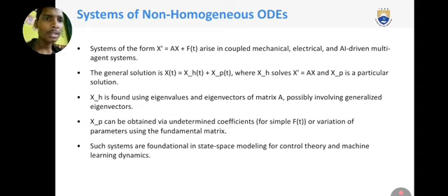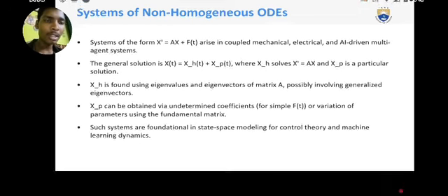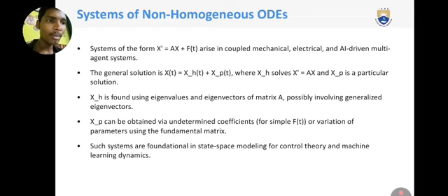The general solution is x = x_h(t) + x_p(t), where x_h solves x' = Ax and x_p is a particular solution. x_h is found using eigenvalues and eigenvectors of matrix A, possibly involving generalized eigenvectors. x_p can be obtained via undetermined coefficients for simple f(t) or variation of parameters using the fundamental matrix.